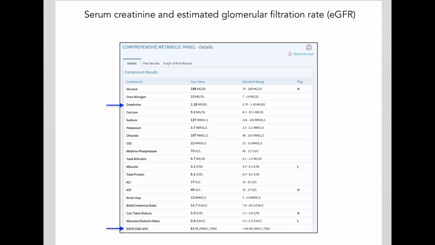As we shall soon see, the eGFR is a very important number that tells us how well our kidneys are working. This eGFR number is calculated from our serum creatinine.